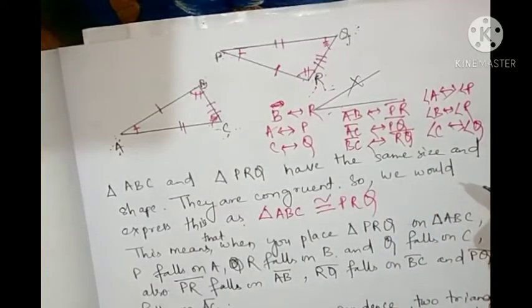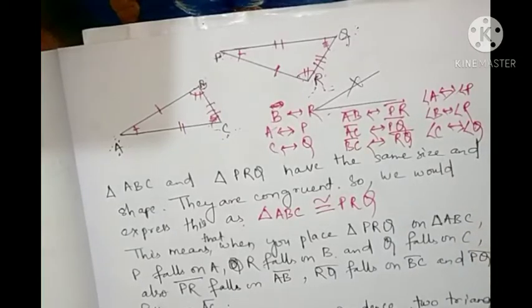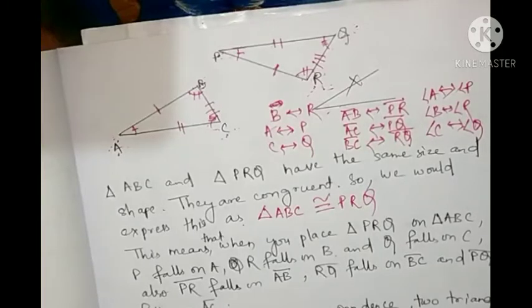So this is about the congruence of triangles. Here a remark: the order of the letters in the names of congruent triangles tells the corresponding relationship between the two triangles.